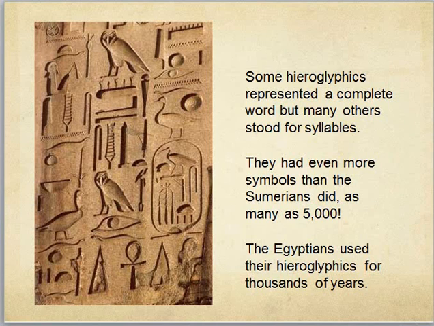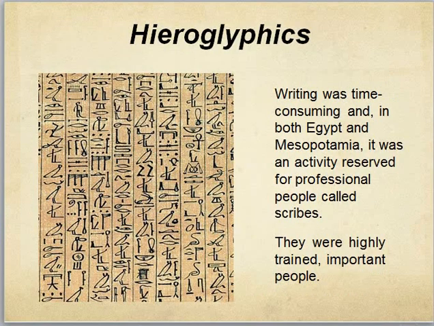Some hieroglyphics represented a complete word, but many others stood for syllables. You can see over here the hieroglyphic pictographs on this paper. They had even more symbols than the Sumerians did. The Egyptians used hieroglyphics for thousands of years. Here is an example of hieroglyphics.